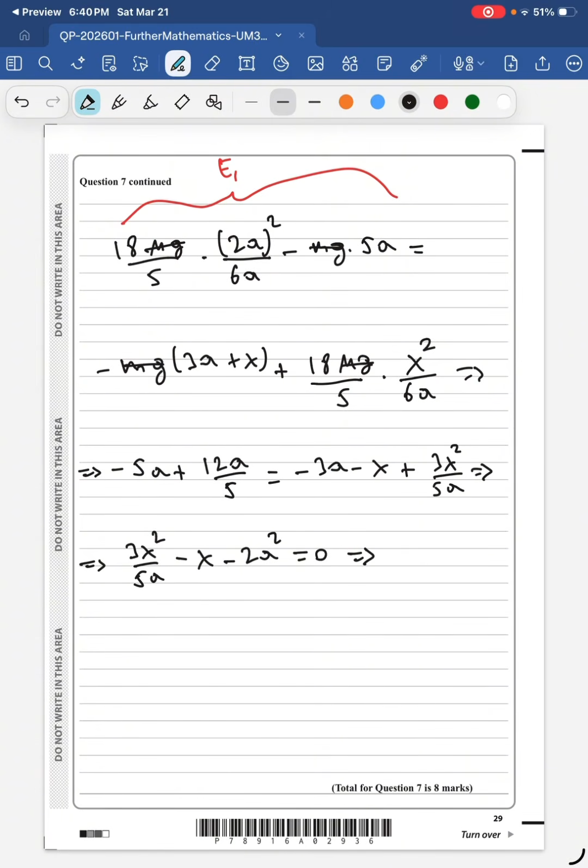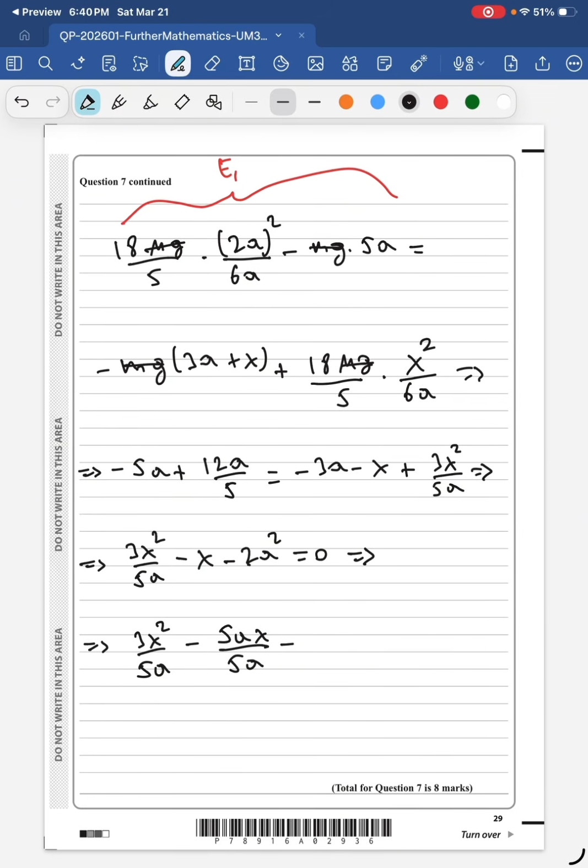Did I miss something? No, it looks good. So 3x squared over 5a minus 5ax over 5a minus, wait, something is wrong.